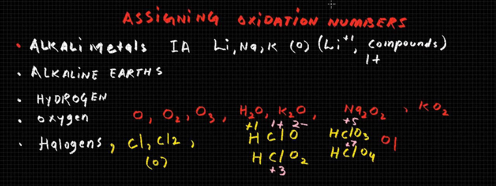So we can say that these halogens have variable oxidation numbers, which are +7, +5, +3 and +1 in their compounds. This is owing to the fact that the halogens have 7 electrons in the valence shell, and these can be used for bonding.